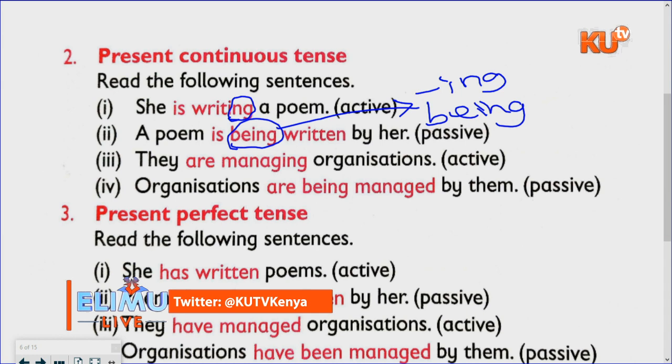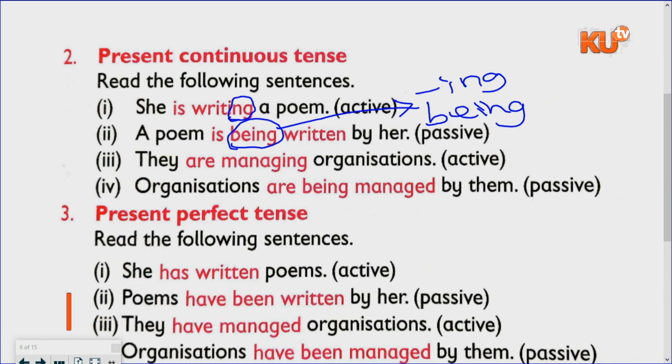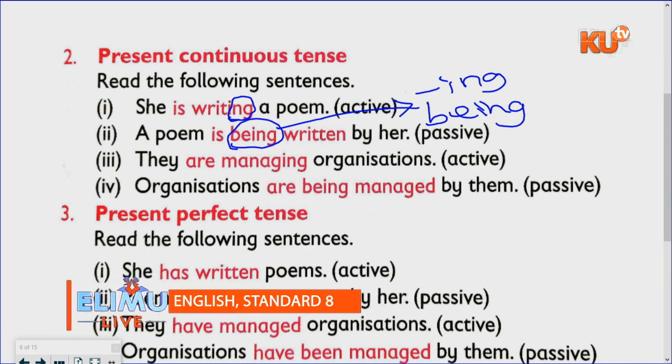So ing will be replaced by being, which also has ing, which indicates continuity, as I have indicated to you. They are managing organizations. It is in active voice and in present continuous tense. So it changes to: organizations are being managed by them.